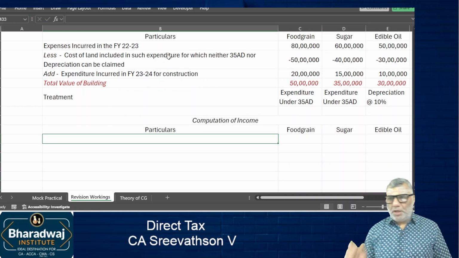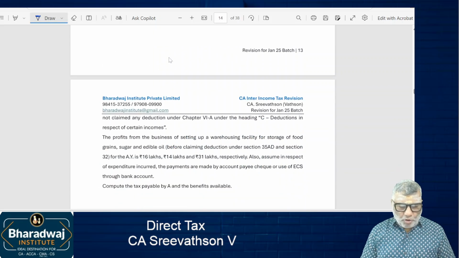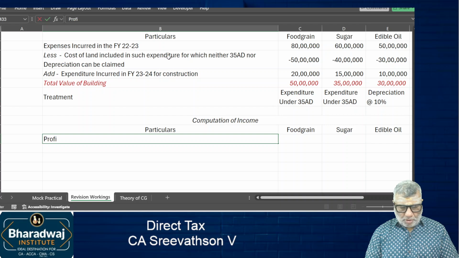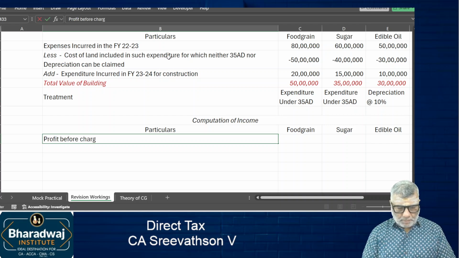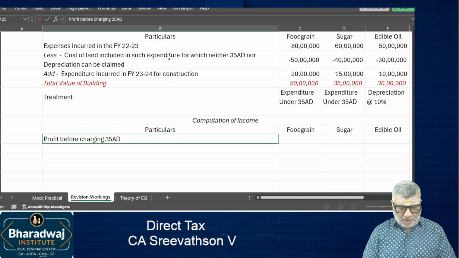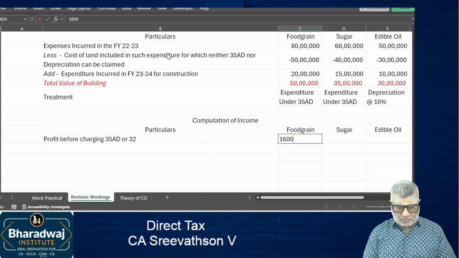Now I'm going for computation of income. The profit before charging 35 AD or 32 is 16, 14, 31.